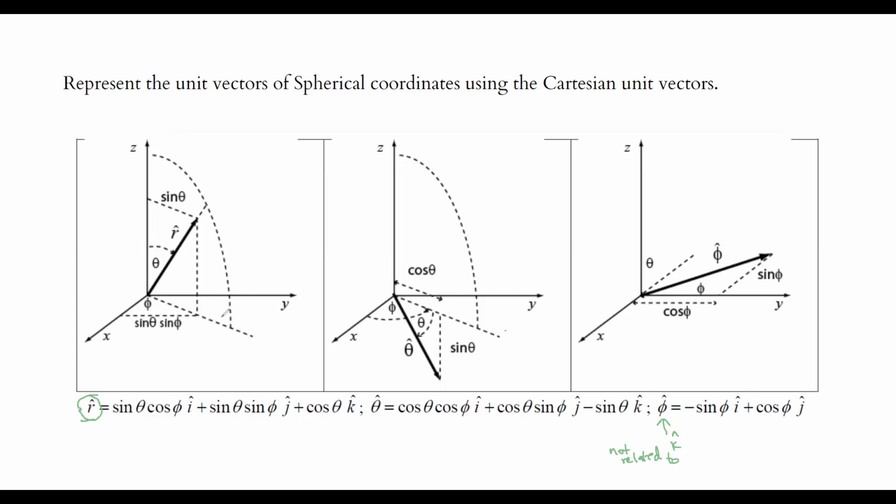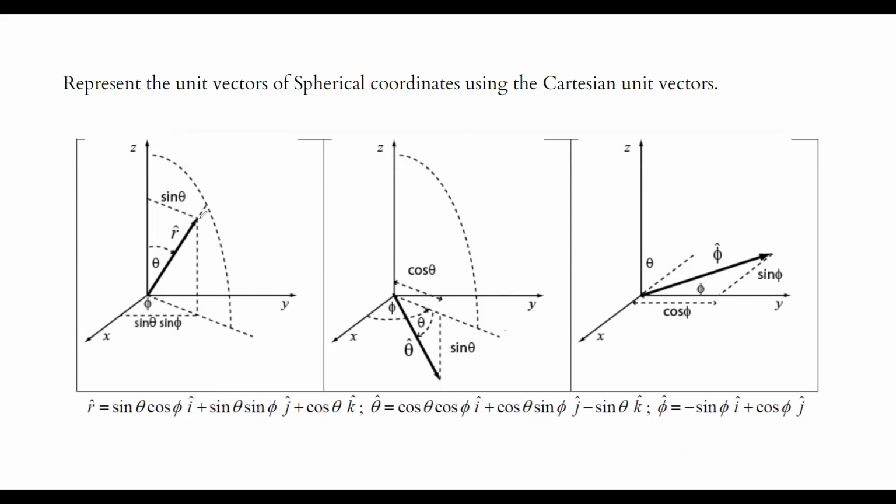So basically, you just need to find the projection along the x, y, and z axis, and multiply it with i hat, j hat, and k hat. So I will quickly mention how they have done it for the r hat.